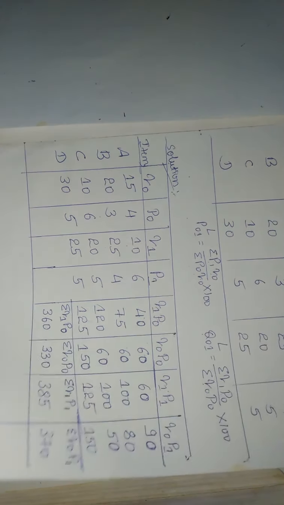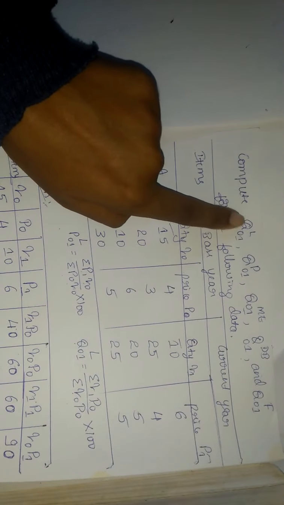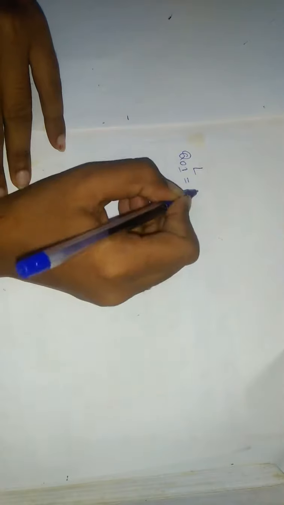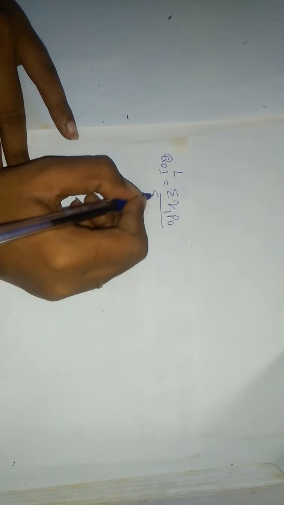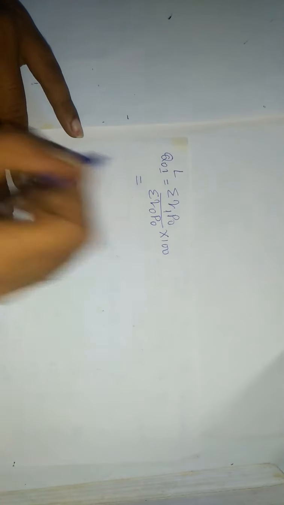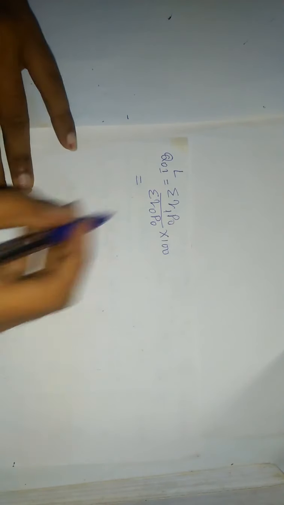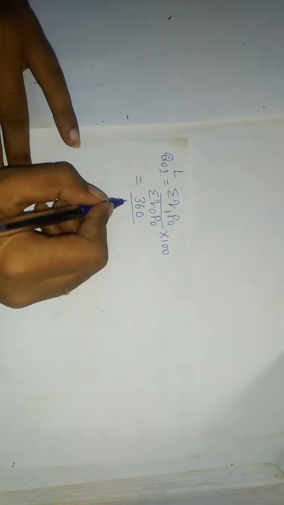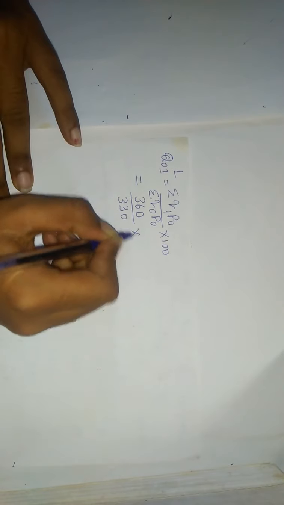So next step is, first they ask to find Laspeyres quantity index number. What is the formula? Summation Q1 P naught divided by summation Q naught P naught into 100. Here the Q1 P naught value is 360 divided by the Q naught P naught value 330 into 100.